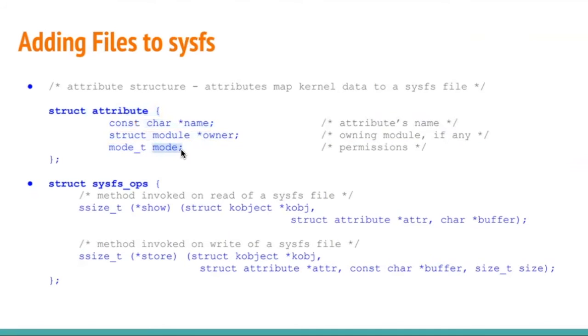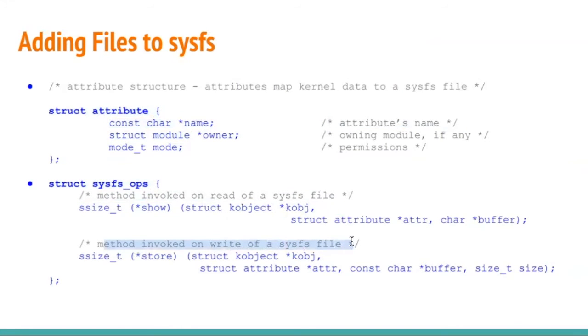So if we have read, write or execute permission, and to operate on these attributes, we have the sysfs_ops operations. This statement says that this function will be invoked when we read that particular file or attribute. And this is the store function.